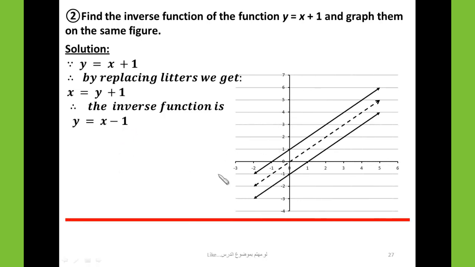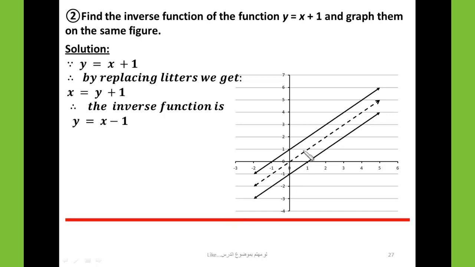And we draw it. We draw the first function, y equals x plus 1. Here, y equals x plus 1. And the second function, the inverse function, y equals x minus 1, we draw it. The inverse function, y equals x minus 1, is the image of the function y equals x plus 1 by reflecting on the straight line y equals x.